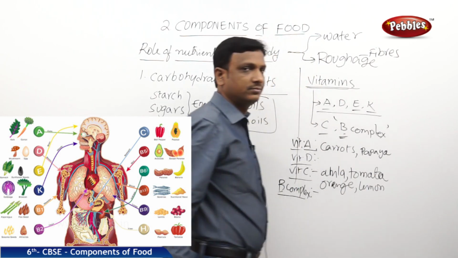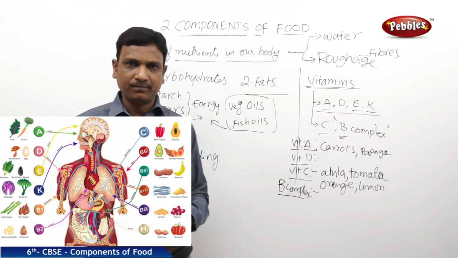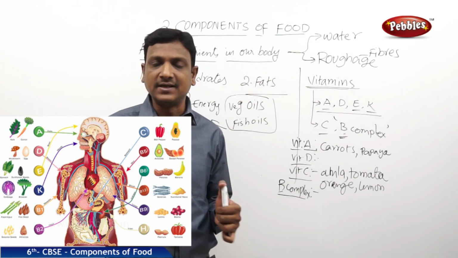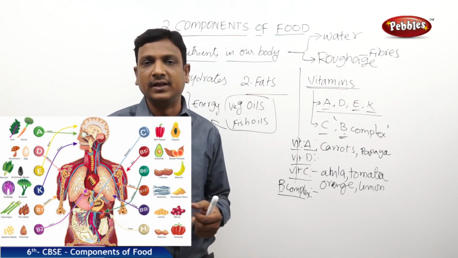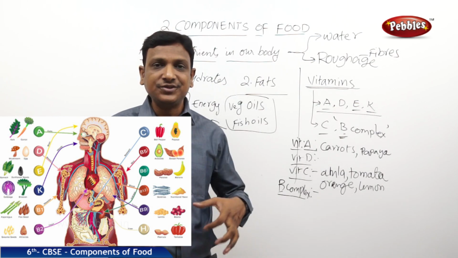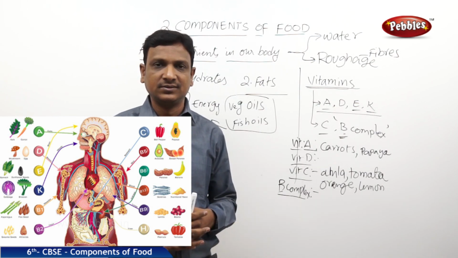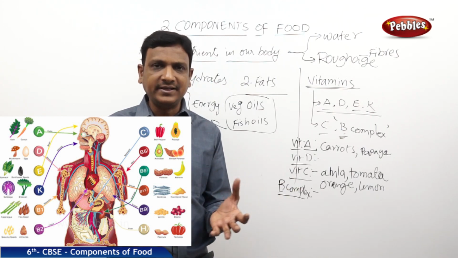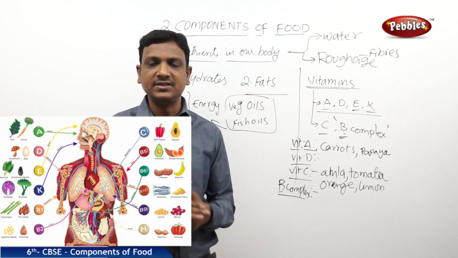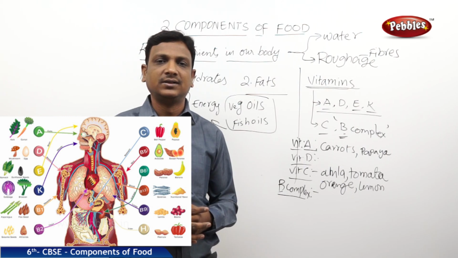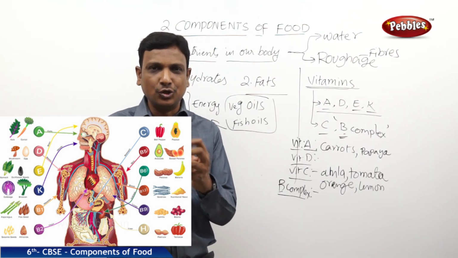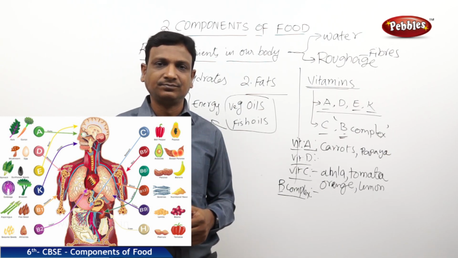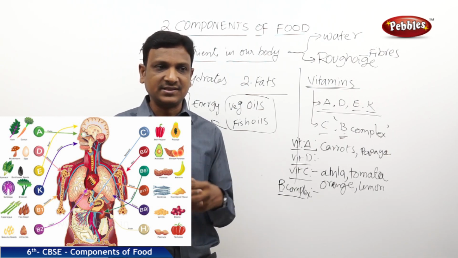You need to add some fiber to your food. If your food does not contain any fiber, your digestive system cannot digest the food properly. It leads to so many metabolic problems, right? I told you earlier, you are eating fine polished grains, they don't have any fibers. So your food becomes so sticky, gluey inside your guts. It's very sticky, just like a chewing gum.